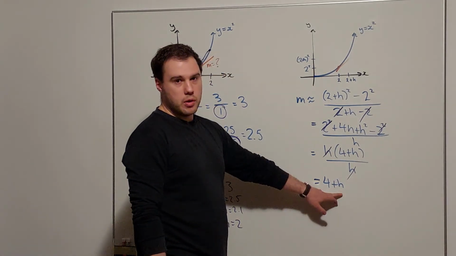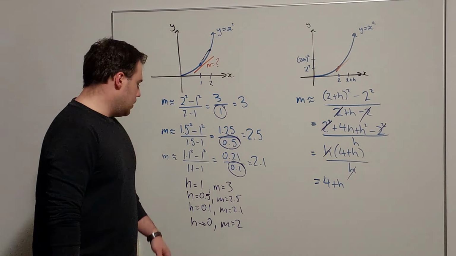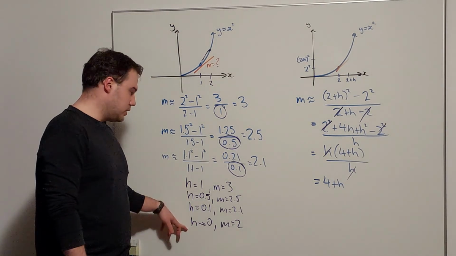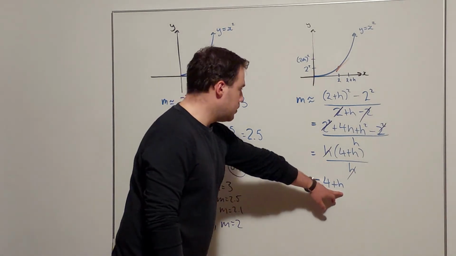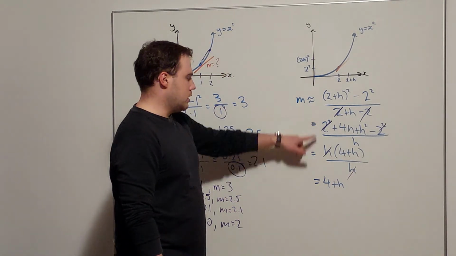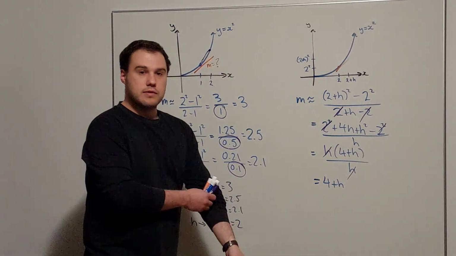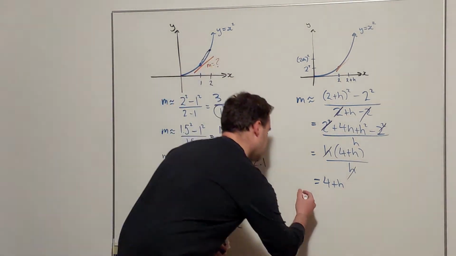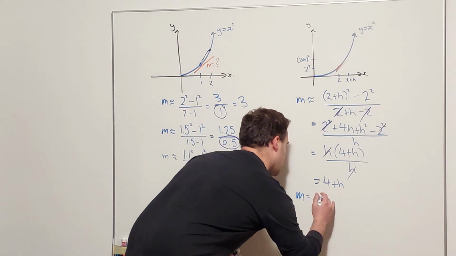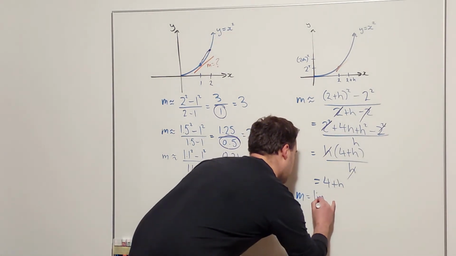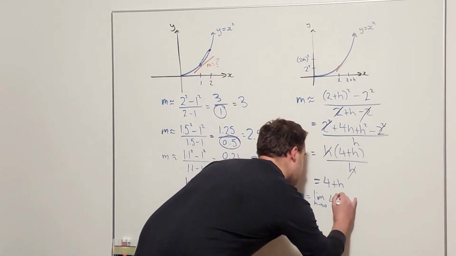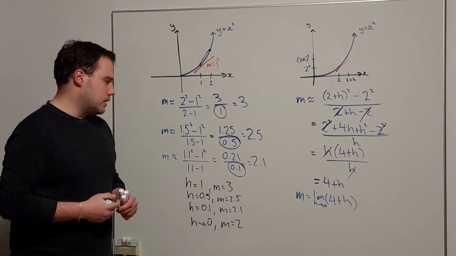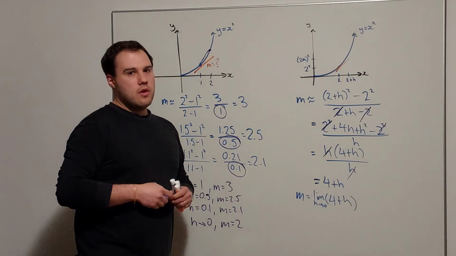4 plus 0.1 is 4.1. So, like over here, if we consider the behavior of what's happening as h approaches 0, well, the gradient will be approximately equal to 4 plus a step size, however big a step you take, and the gradient will actually equal what's called the limit as h approaches 0 of 4 plus h.